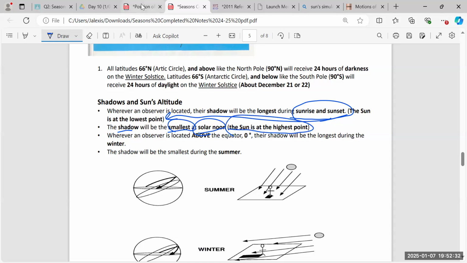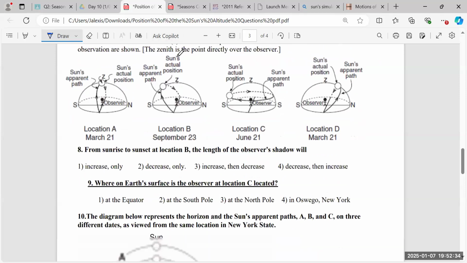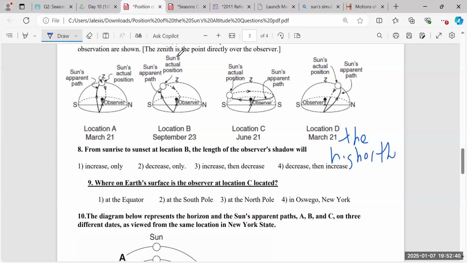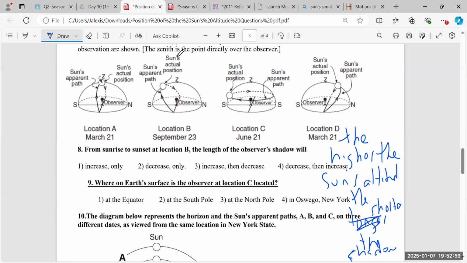So that lets me know the higher the sun's altitude, the shorter the shadow. All right.